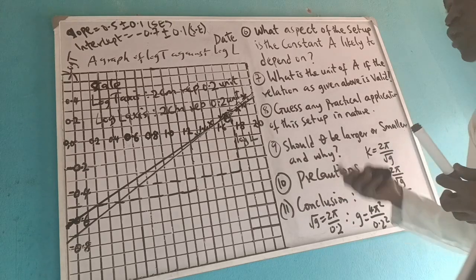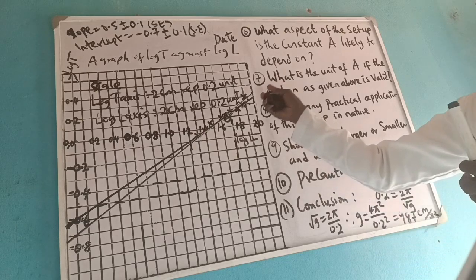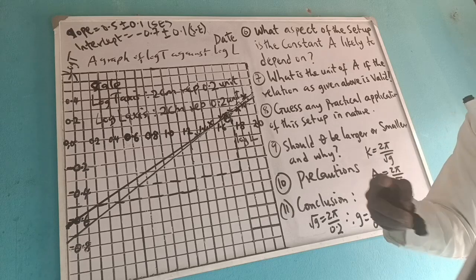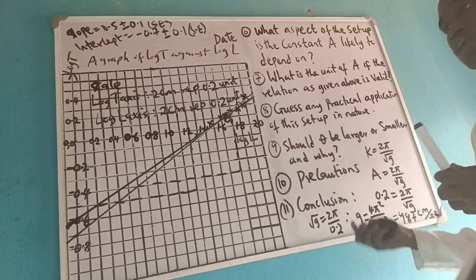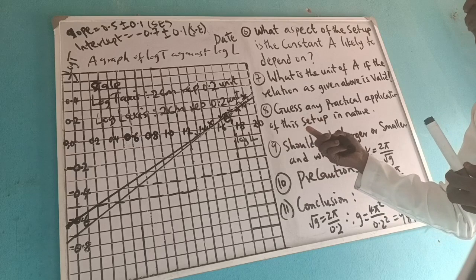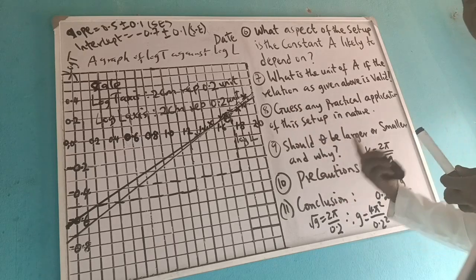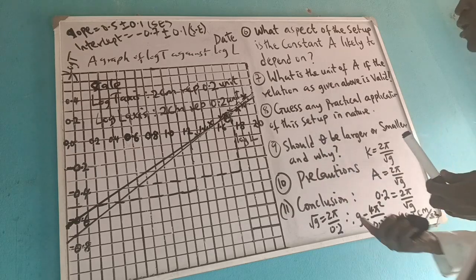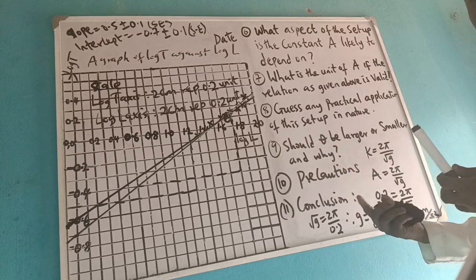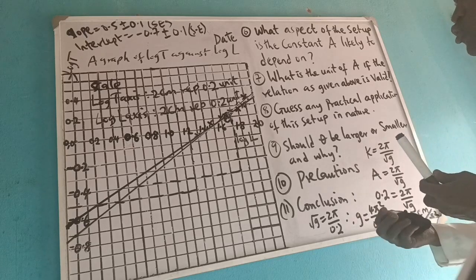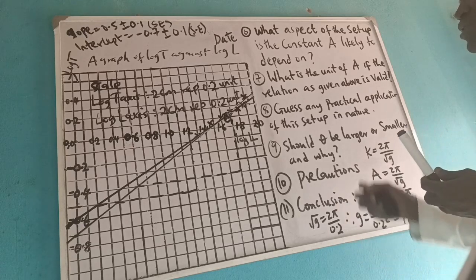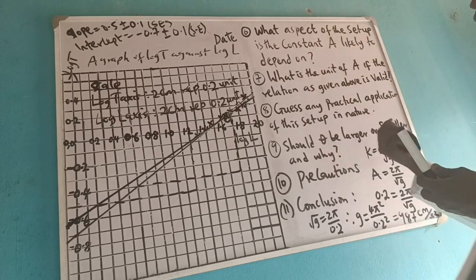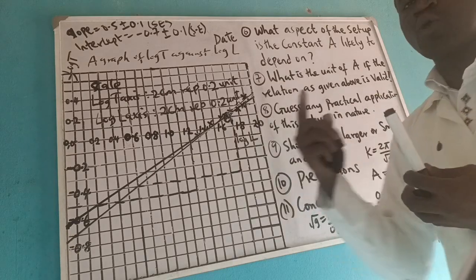In case someone also asks you why this graph does not pass through the origin, tell them it is because of possible human and experimental error encountered during the experiment. When you are performing an experiment as an imperfect human being, you can make mistakes, either from you or from the instrument you are using, and that will make the graph not pass through the origin.